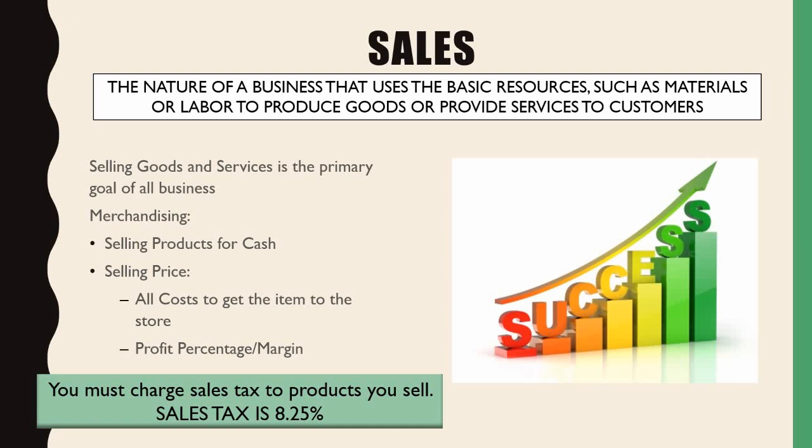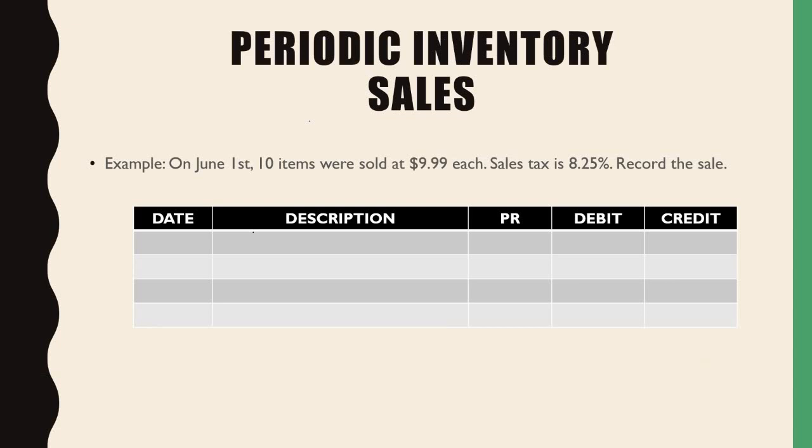Make it really sweet and simple, no extra numbers to punch in. I just want you to know 8.25% for now. Now, let's look into how periodic inventory sales actually work, or how to journalize them.